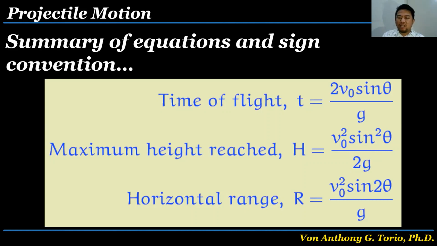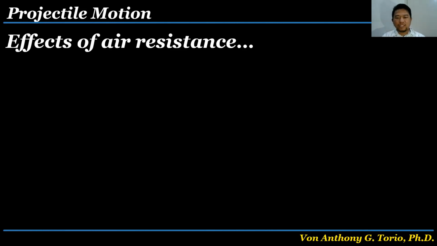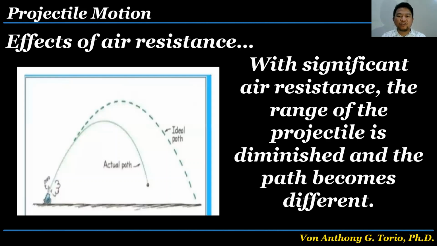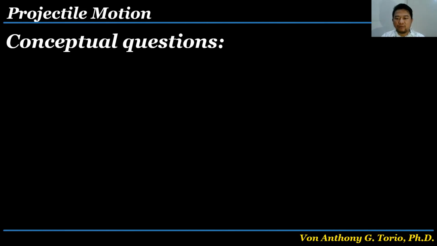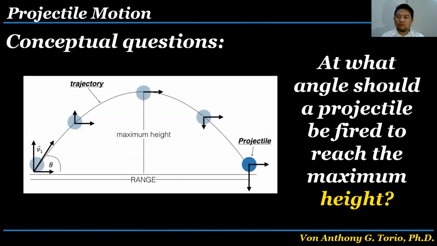So that means that in order for a projectile to reach its maximum range, you need to throw the projectile at a 45-degree angle. And once again, to answer the conceptual questions related to projectiles: question number 1, at what angle should a projectile be fired to reach the maximum height?